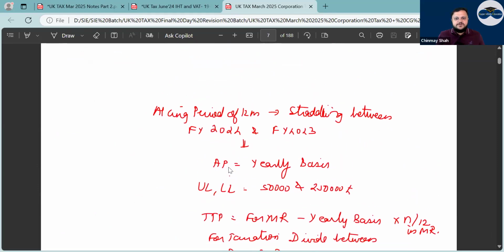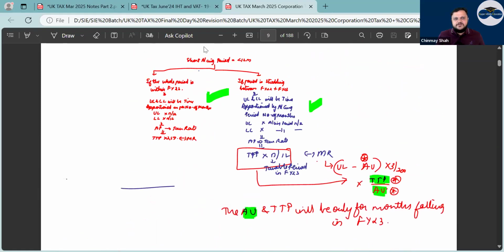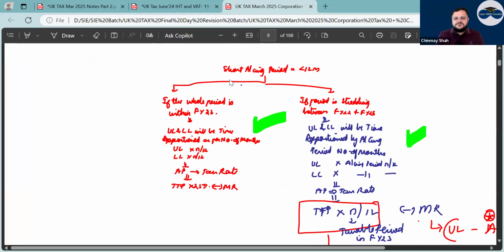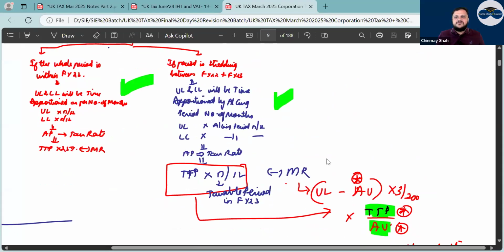Accounting period straddling between 22 and 23 we have done. Short accounting period, look, less than 12 months. First thing, if whole period is within FY23, right? The second part, if period is straddling between 22 and 23, upper limit and lower limit will be time apportioned by accounting period number of months, and at the end you will do what?